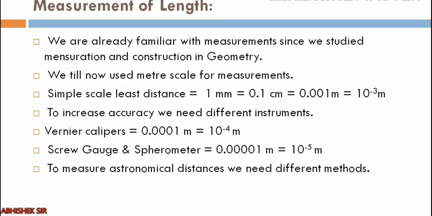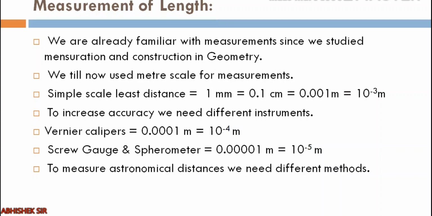So a few names we have here on our screen, first of all vernier calipers. Increasing the decimal, with the help of vernier calipers we can measure 0.0001 meter, that is 10 raised to minus 4 meter. So we became a little bit precise with technology and physics.